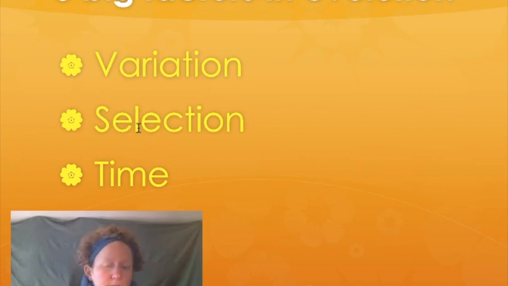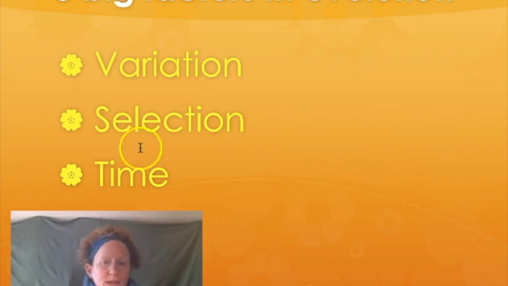Selection, in other words, something's acting in the environment on individuals with differences that makes some individuals more fit for their environment. So maybe some can run faster, maybe some can hide better to get away from predators, others just might be able to find food better or be more successful in reproducing or mating.